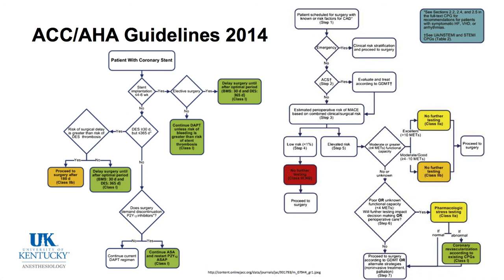I have no intention to review every step in the new ACC/AHA guidelines, but I do want to point out one thing, and that is a patient with a coronary stent, which was a gap in knowledge in 2015.